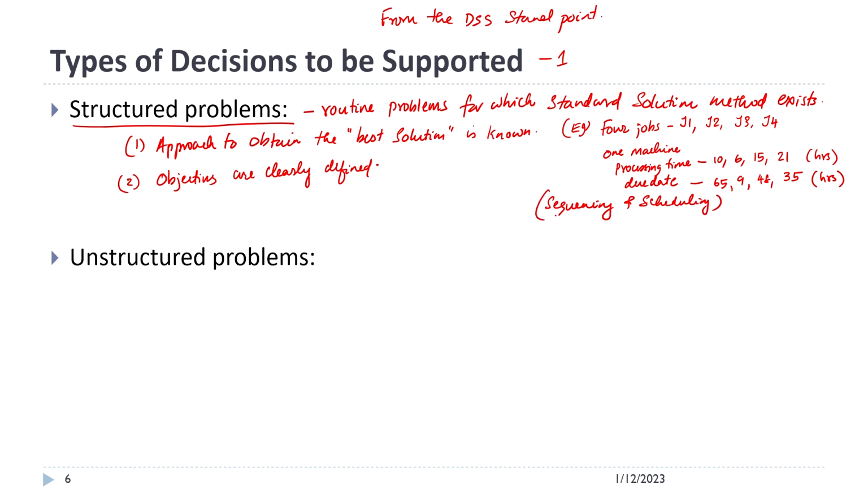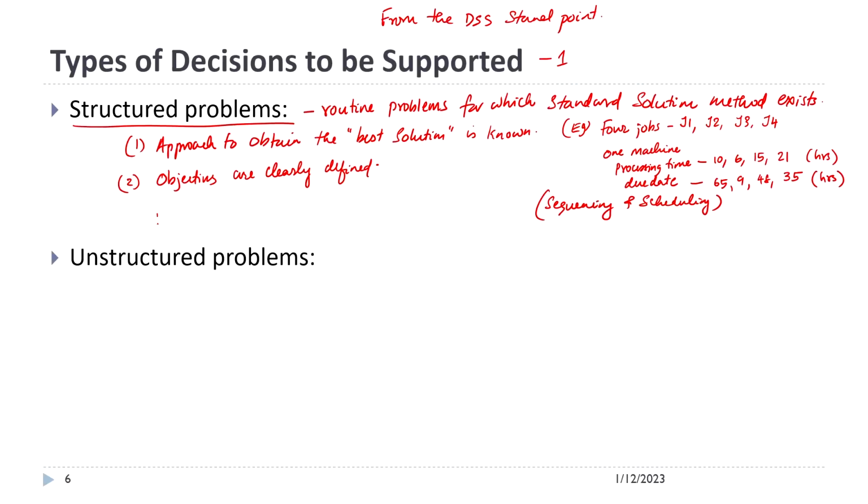You can talk about earliest due date, and there are standard approaches by which you can say, I want to deliver the jobs in such a way that none of the jobs are late. So, the objective is clearly defined and the approach to find the best solution given the condition is also known to you.